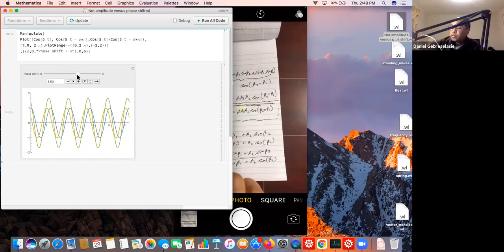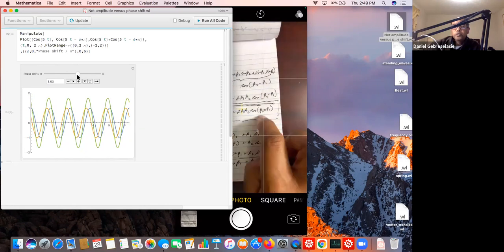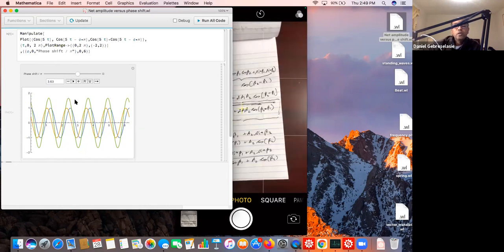You see A over here, it depends on the phase shift over here. And you can see from this graph, when they match, when the phase difference is 0, you get the maximum. When they go in opposite directions, when the phase shift is pi, you get the minimum, 0, and so on, okay? All right, so let me go to my paper, okay.